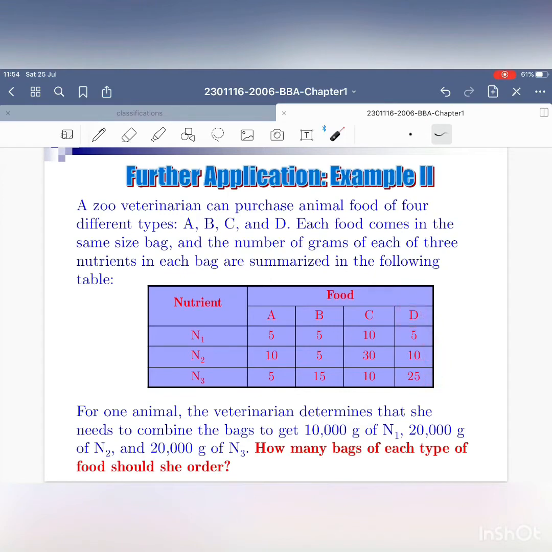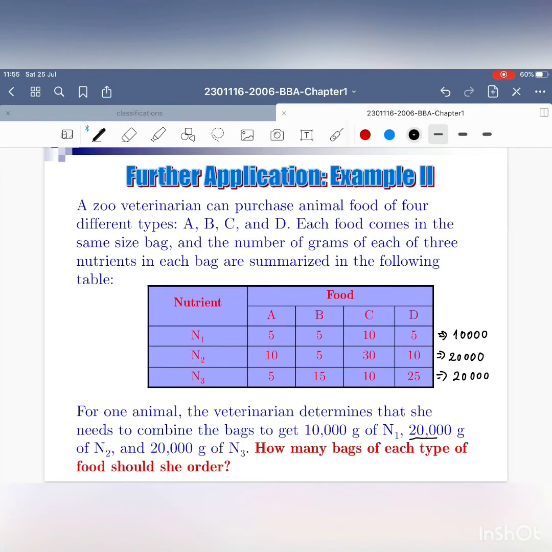Okay, so for one animal, the veterinarian determined that she needs to combine the bags to get 10,000 grams of the first nutrition. So it means that in total you need 10,000 grams of your first nutrition, 20,000 grams of your second nutrition, and another 20,000 grams of your third nutrition.